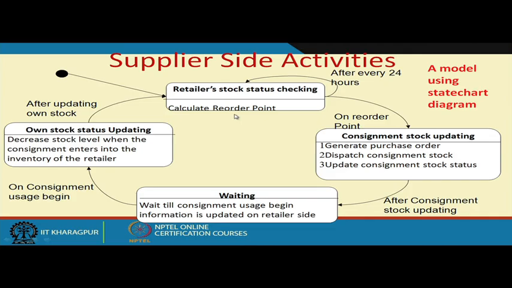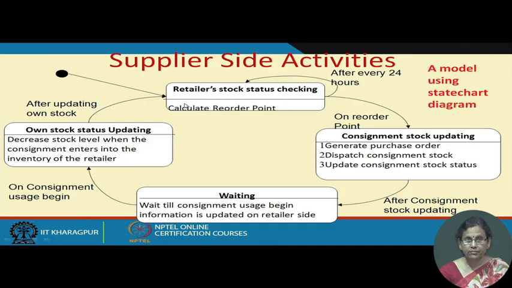So, as shown in this diagram, this is the supply side activities in a VMI system. We can say these are typical activities in a VMI system if both the supplier and the retailer are integrated. So, what will the supplier do? The supplier will take the retailer's stock status.